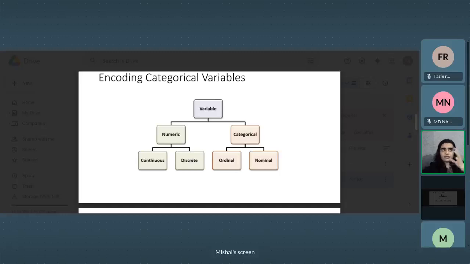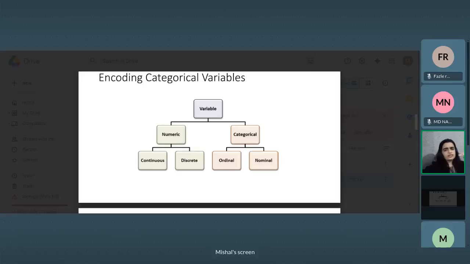But let's take another numerical column, which is, let's suppose, number of rooms in the house. So there we have a limit, like it will be between 1 to 10. So there we have limited numbers which are getting repeated, but when it comes to price, it is continuous in nature.